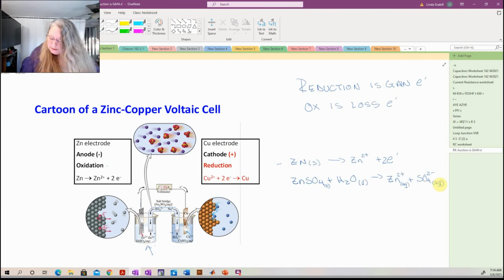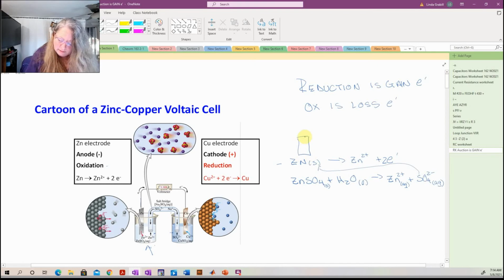That means that when these sulfate ions wander near this solid zinc anode, these little sulfate ions with their negativity get near the metal. Well, the little surface zinc components are then attracted to that negative charge, so it's an electrostatic kind of attraction.